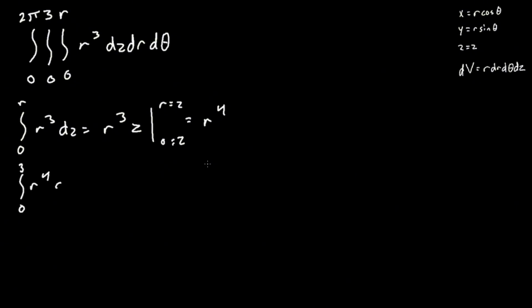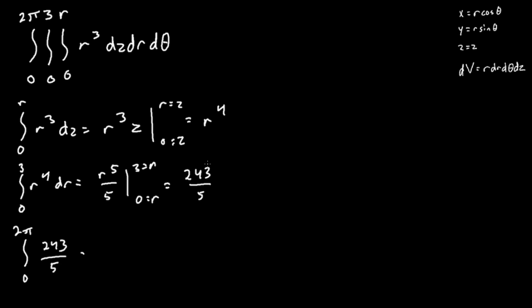So r to the power of 4 with respect to r, with the power rule, is just r to the power of 5 over 5. Our bounds are 0 and 3. We substitute 3 into r, and I'm using my calculator real quick, we get 243 over 5.